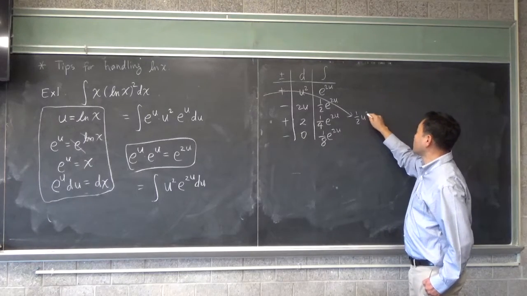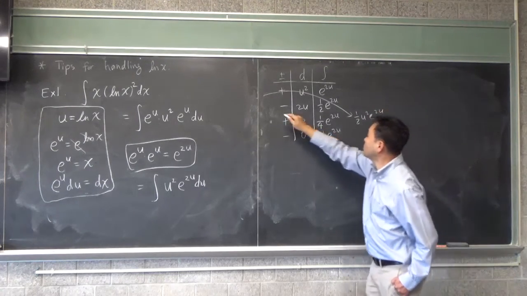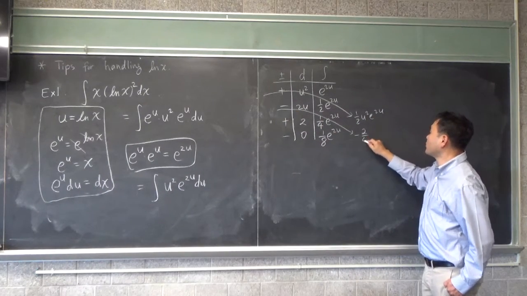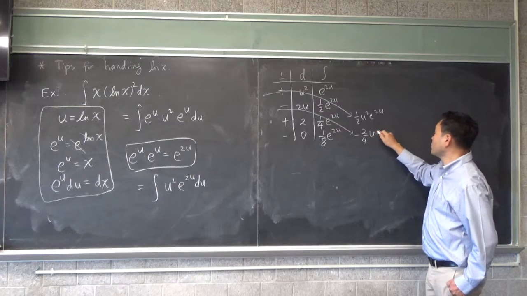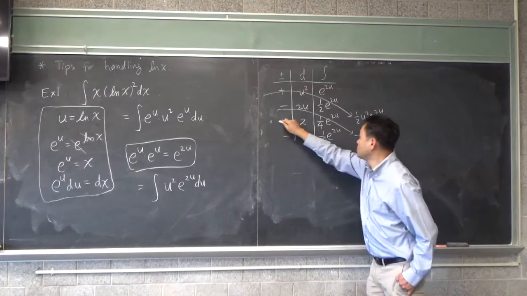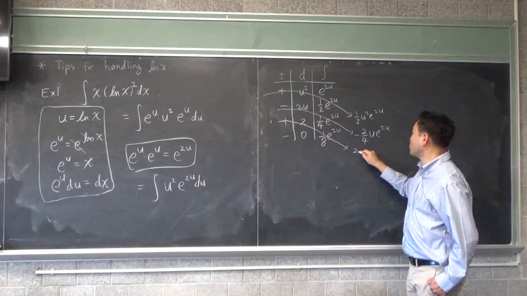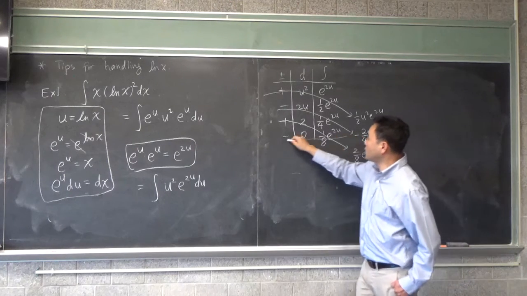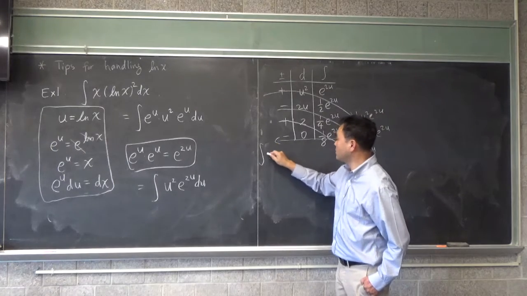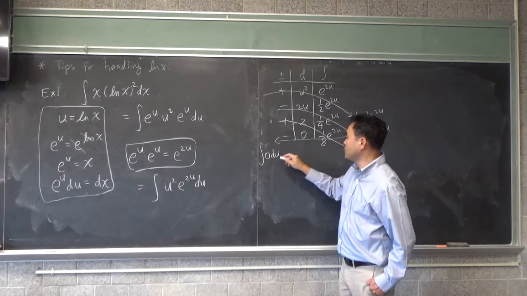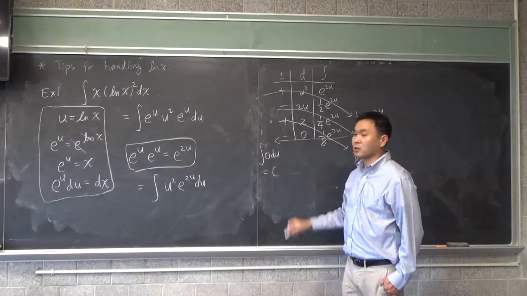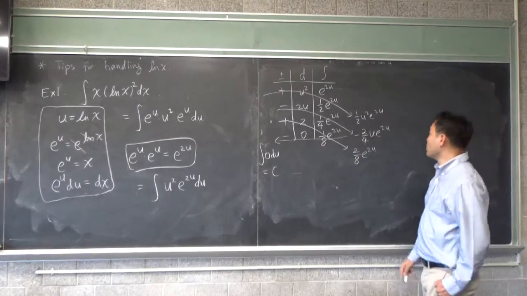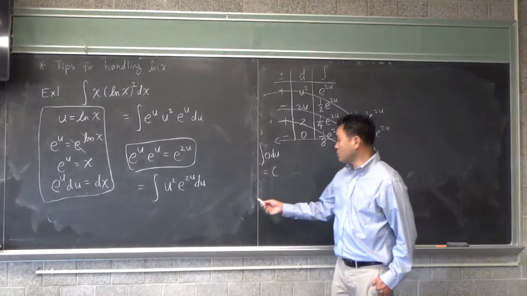So you get 1/2 u squared e to the 2u. This gives you negative 2 over 4 u e to the 2u. This gives you 2 over 8 e to the 2u. And the last line has to be multiplied and integrated, but integrating 0 will just give you a constant c. Adding everything gives you the result of the integration by parts.